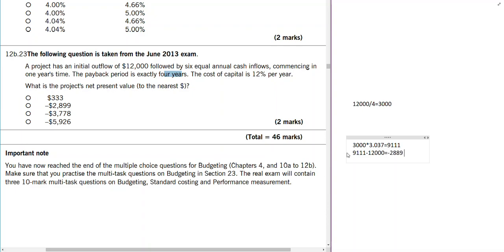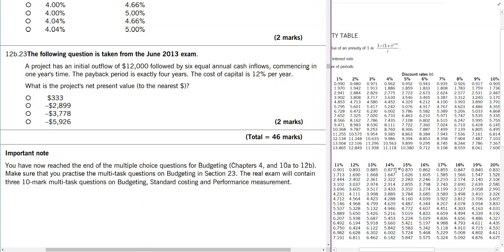Remember, if you are making an investment at anything other than the first year, then you have to convert this to present value as well. Let's double check this calculation here. 2,889. This figure is different.